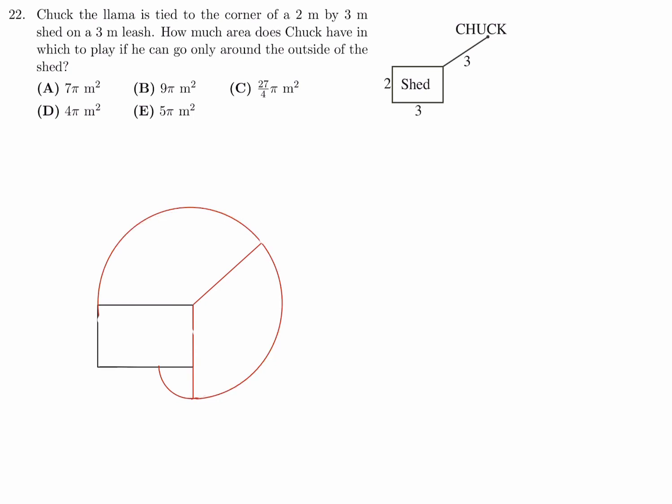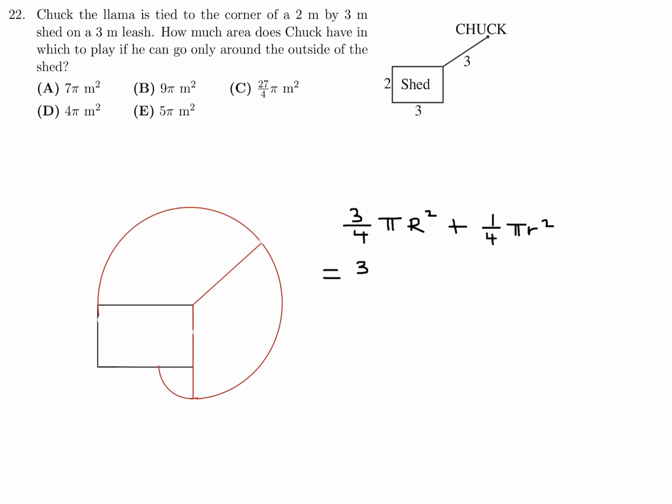So we have to now figure out that total region. Well, it looks like it's 3/4 of a big circle. So 3/4 pi r squared plus 1/4 of a small circle. So 1/4 pi small r squared. This is the total area in which he can play.